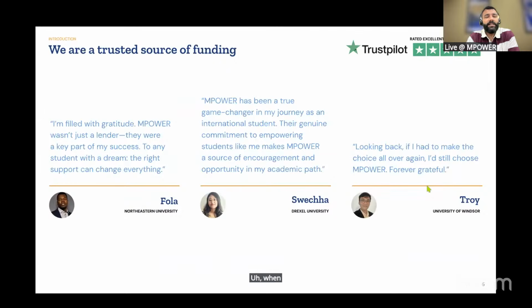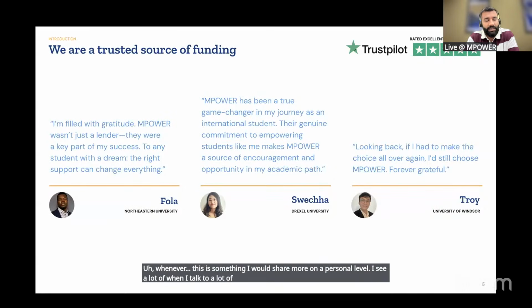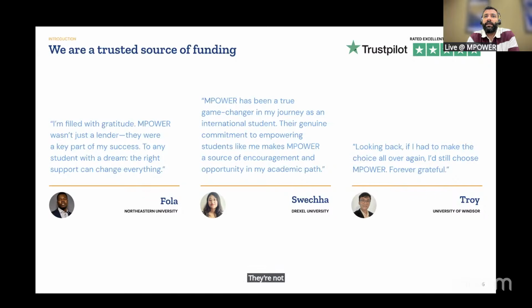This is something I would share more on a personal level. When I talk to a lot of students, these international students planning to move from different countries to either the US or Canada, they're not very keen on reading reviews.